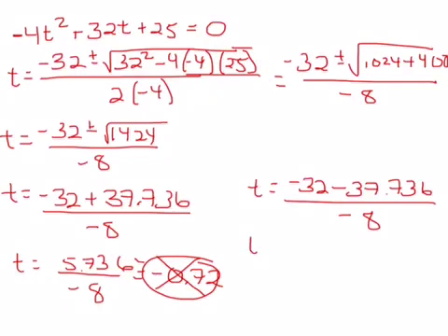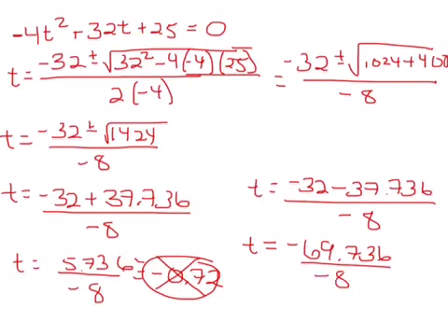However, when we do the other one, negative 32 minus 37.736, we get a negative number divided by negative 8, and first it works out to be negative 69.736 over negative 8.